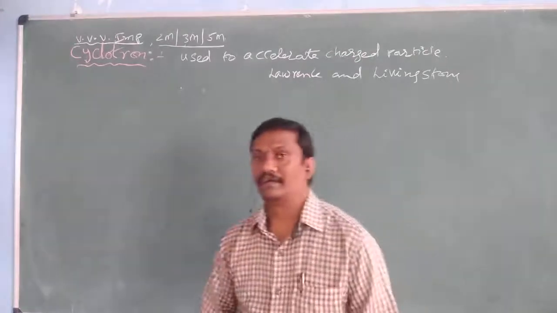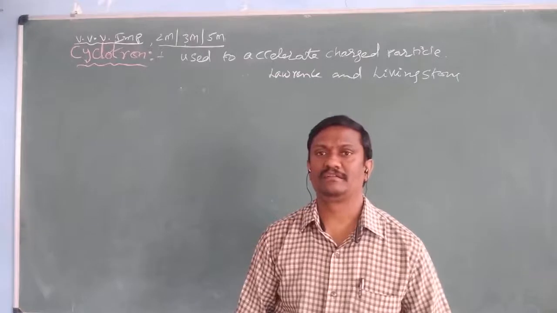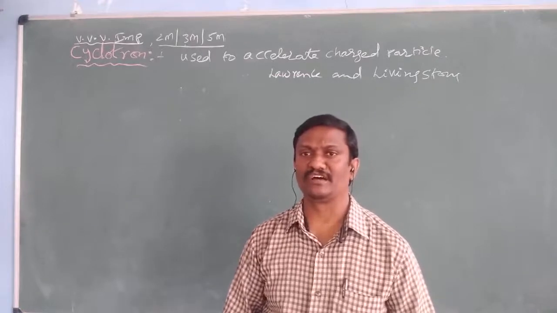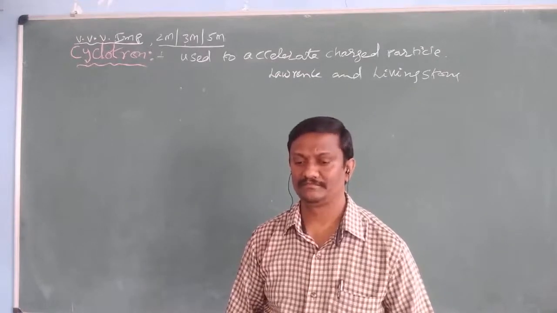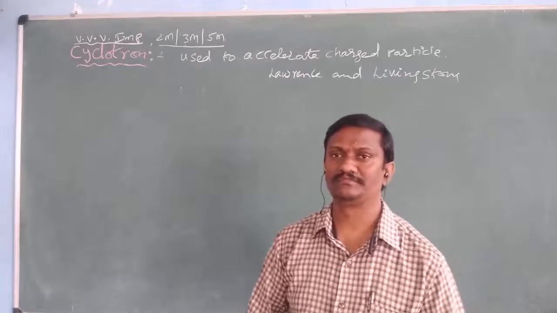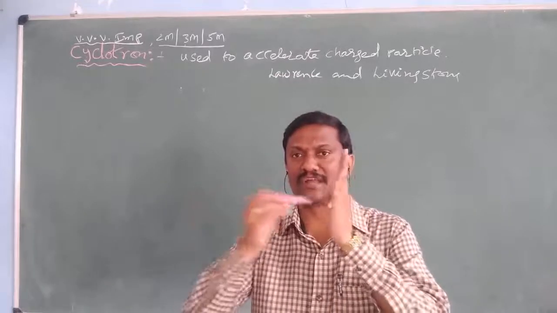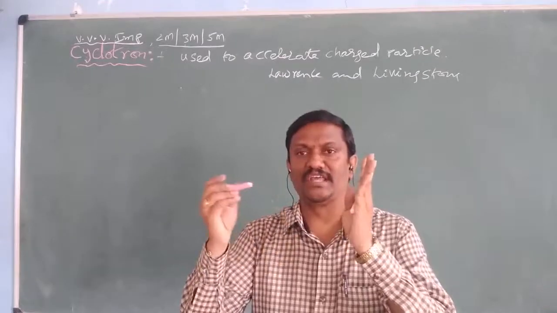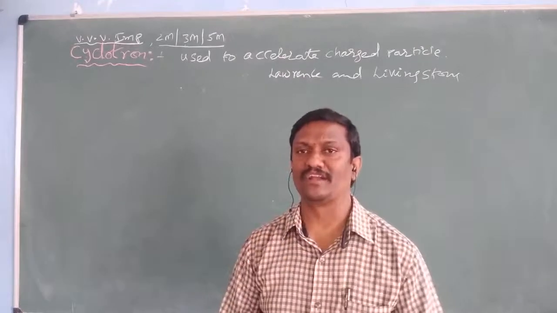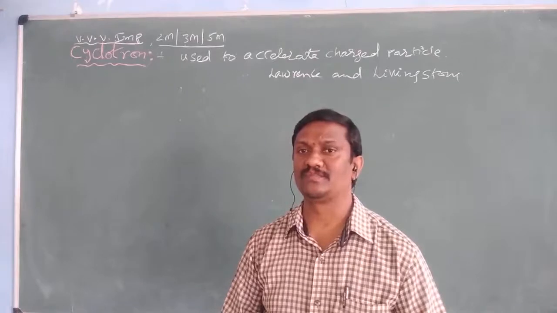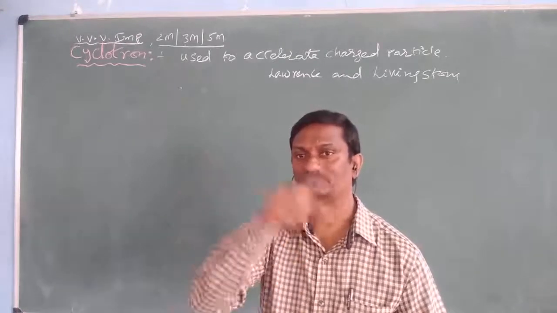Next, what is the principle, construction and working of this cyclotron? Principle: we know if any charged particle moves perpendicular to a magnetic field, then the charged particle follows a circular path.